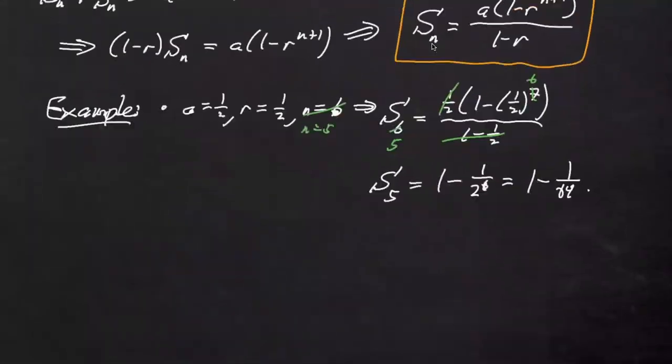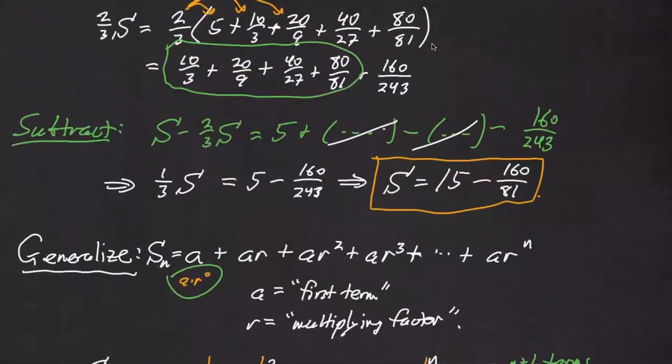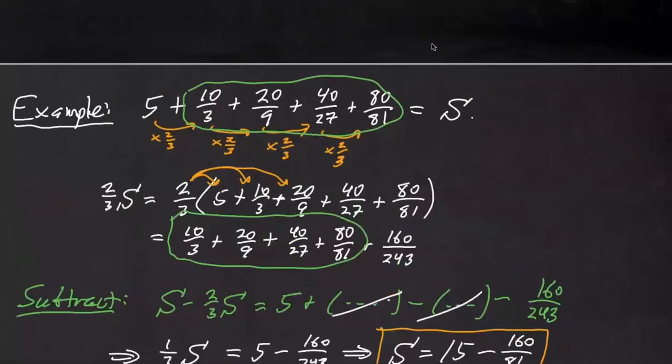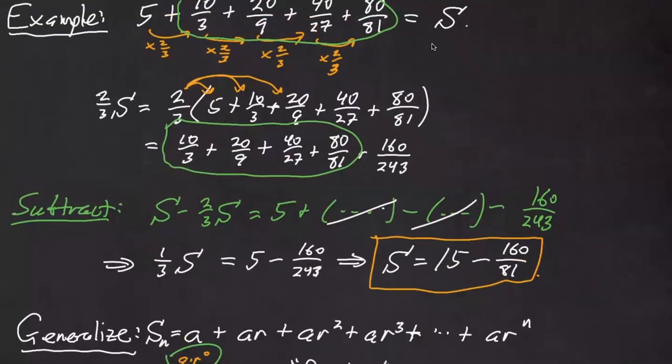And if we do the second example, I think it'll be more natural because we actually start with a random number 5, and r is 2/3. And did I use 6 terms again? How many terms did I use? 1, 2, 3, 4, 5 terms. Although that means n is 4, right?